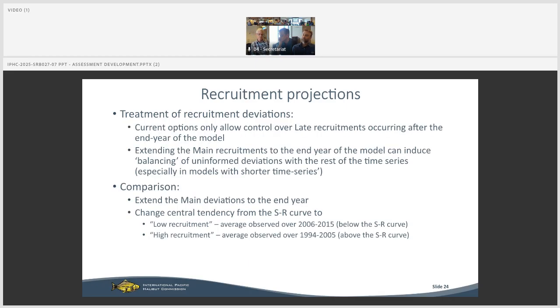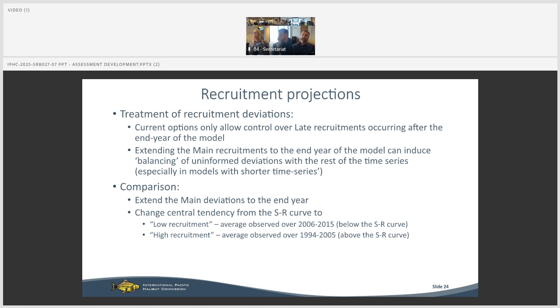So the challenge, though, is that I don't have any control over the recruitment deviations until the end year of the model. So these are only going to kick in at the end year of the model. But to do different recruitment scenarios, I set up 3 different ones. I didn't do autocorrelated recruitment.